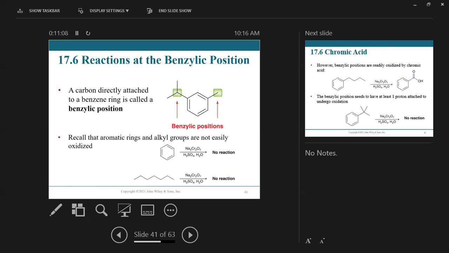So it says a carbon directly attached to a benzene ring is called a benzylic position. So we have 2 benzylic positions right here. It says recall that aromatic rings and alkyl groups are not easily oxidized.